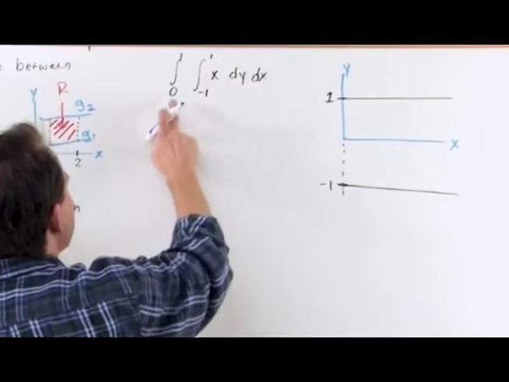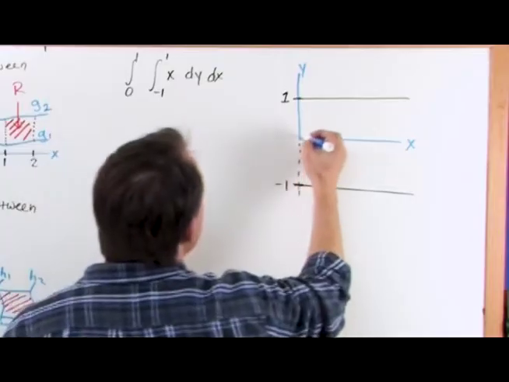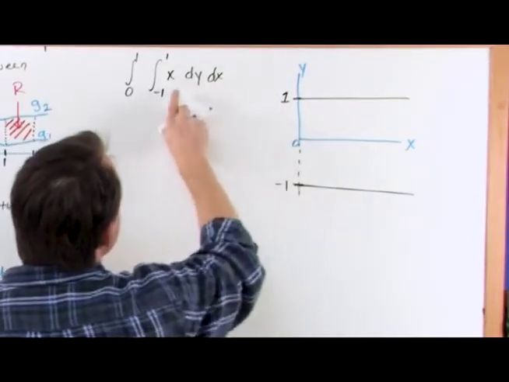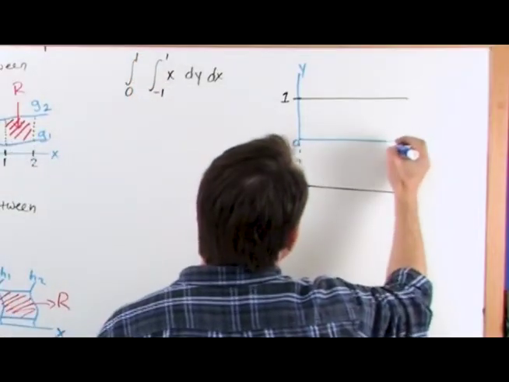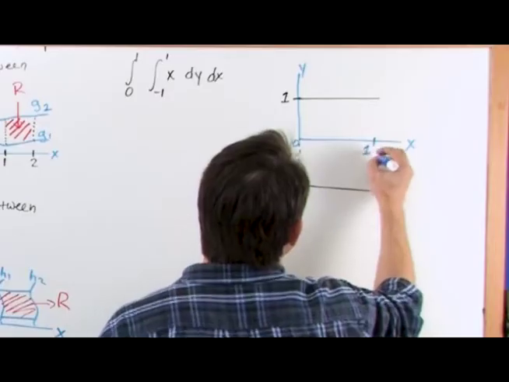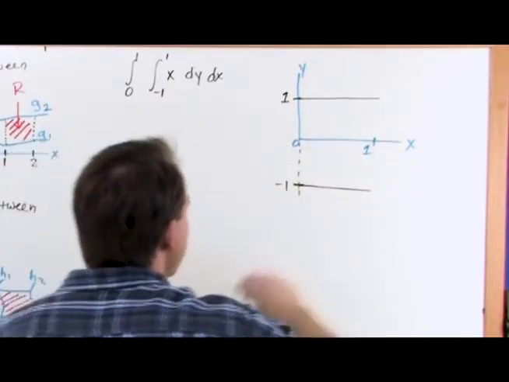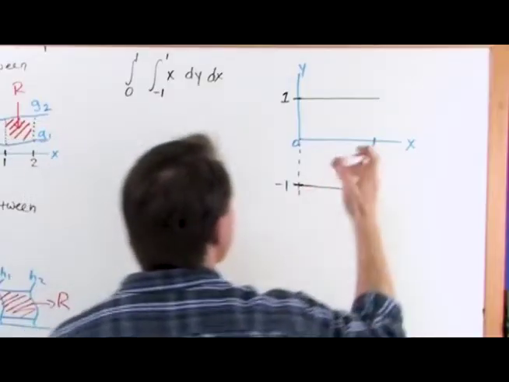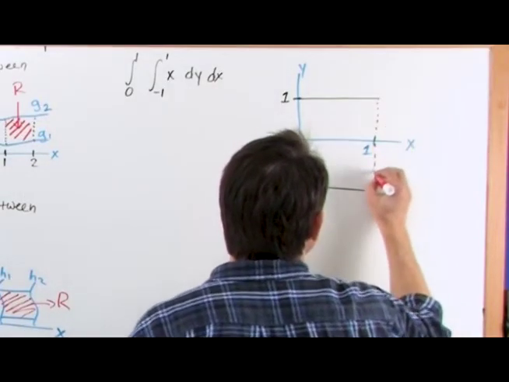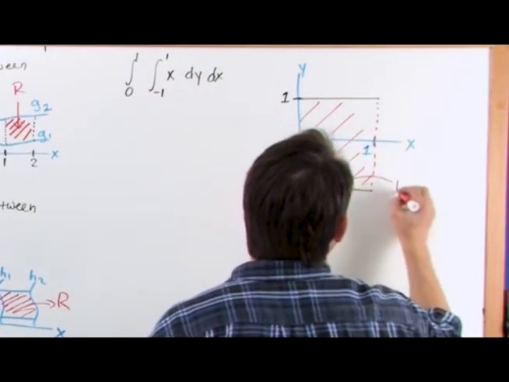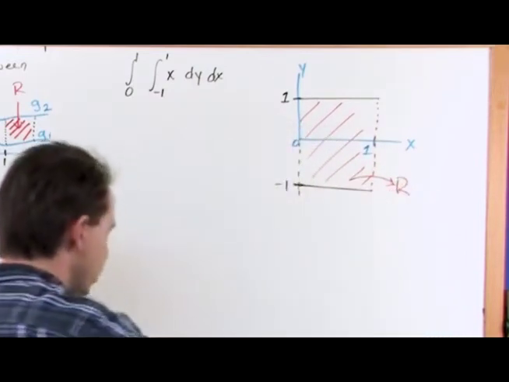And also, I'm integrating from x equals 0, which is right there, on up to x equals 1, which, let's say, just for grins, is right here. So x equals 1. If I enclose this like this, because it only goes this far, this guy right here is a region R. And that is what I'm integrating over, okay?